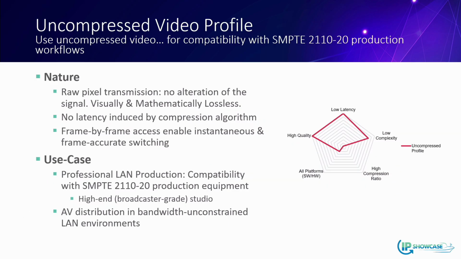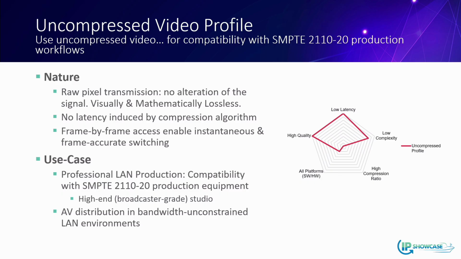So I want to go into a little bit more details about each profile. So first, the uncompressed video profile. Where should you use them? Well, you should use them within IPMX anywhere where you need compatibility with SMPTE 2110-20 production equipment. And so it's great because you don't have any added latency that is due to the compression algorithm.